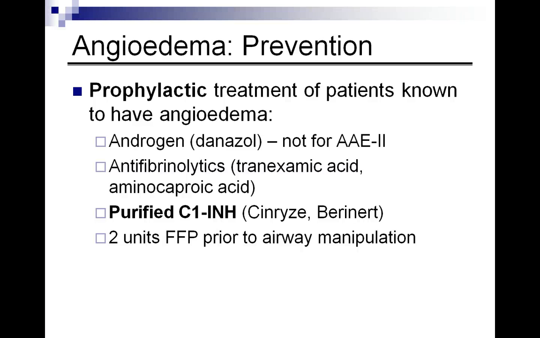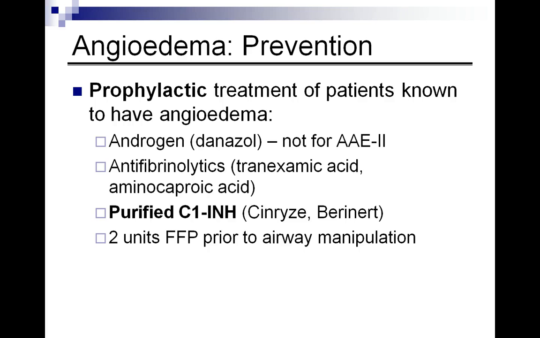Antifibrinolytics like tranexamic acid or Amicar have been used also as prophylactic treatment of patients with known angioedema. Most commonly, people are aware of purified C1-INH, which is the C1 esterase inhibitor, and these go by the brand names of Cinryze or Berinert.